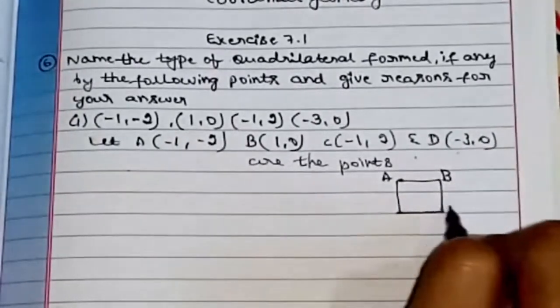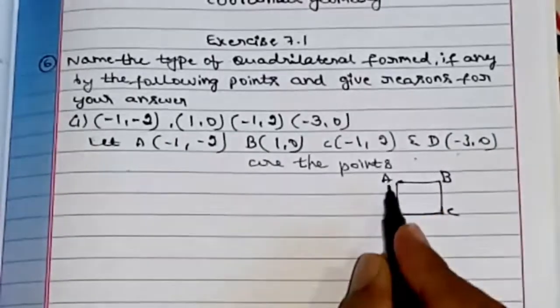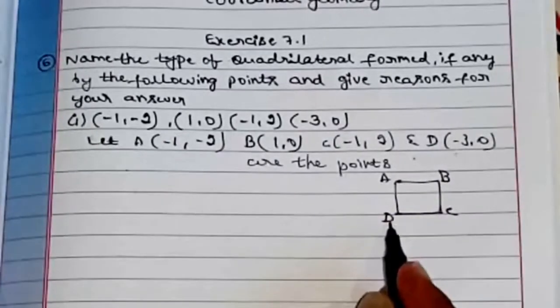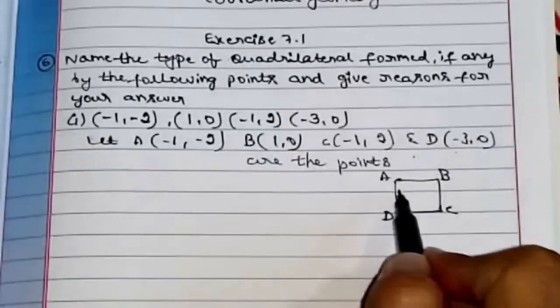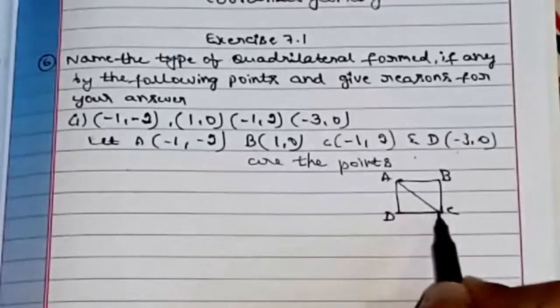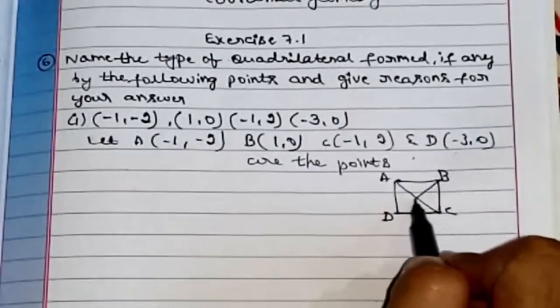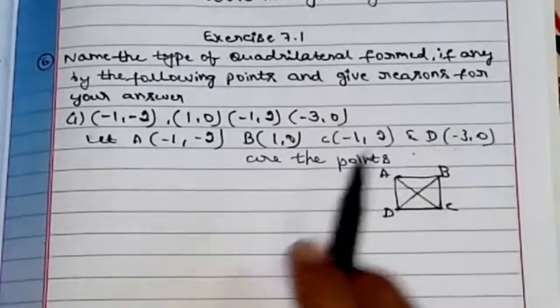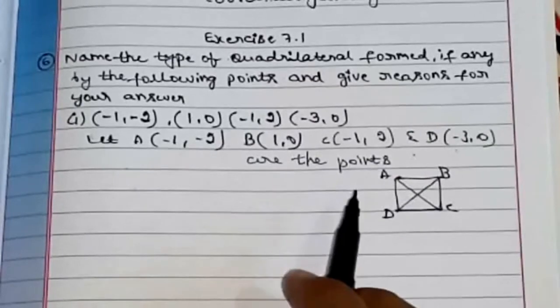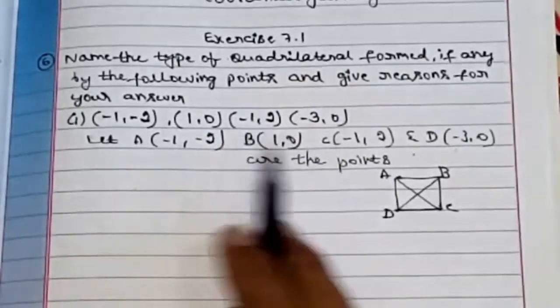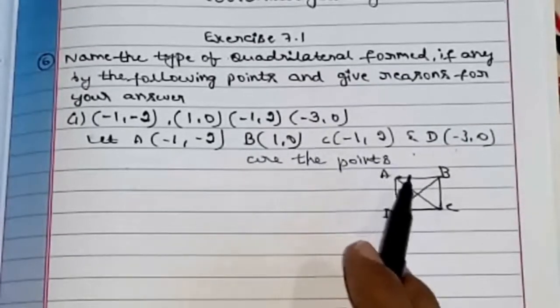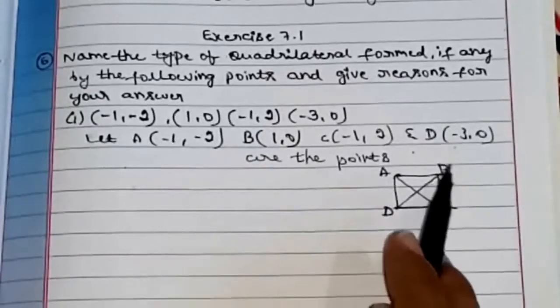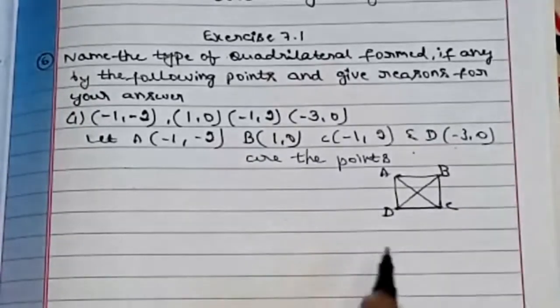If it is a quadrilateral, say ABCD, find the distances AB, BC, CD and DA, and afterwards find the diagonal distance from A to C, and also the distance BD. Then you can identify which type of quadrilateral this is, by taking these coordinate points and finding these distances.